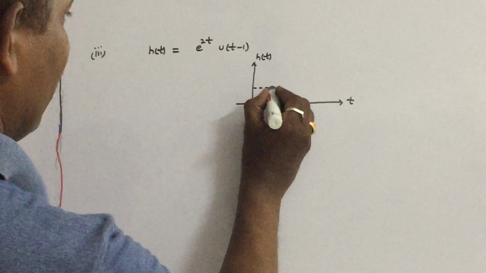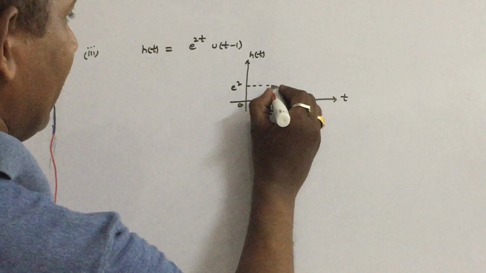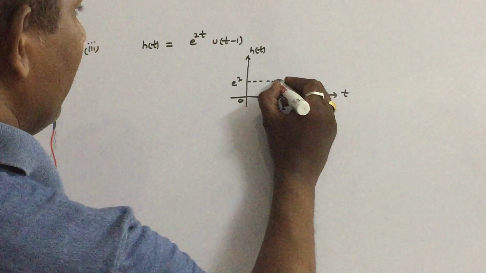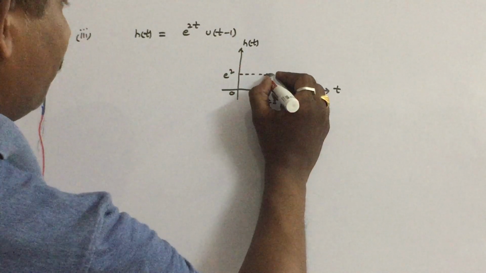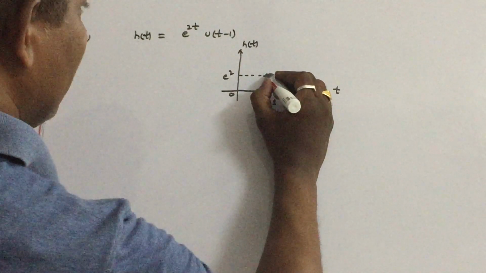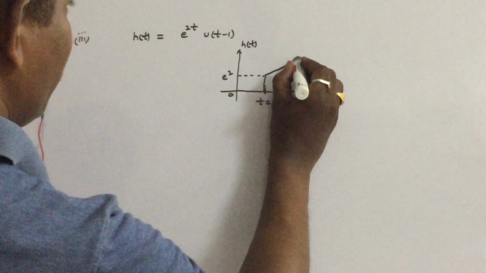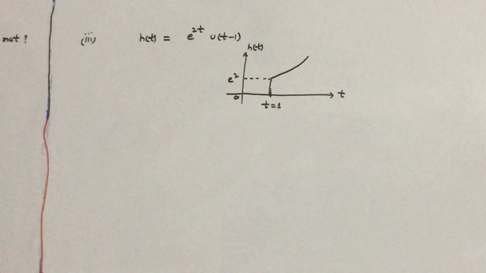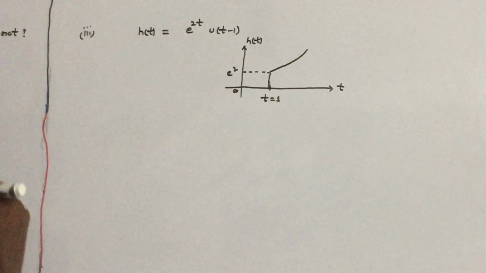At t is equal to 1, the amplitude is e square. By the time t tends to infinity, its amplitude increases exponentially like this. You can also notice that the impulse response is 0 on the left side.